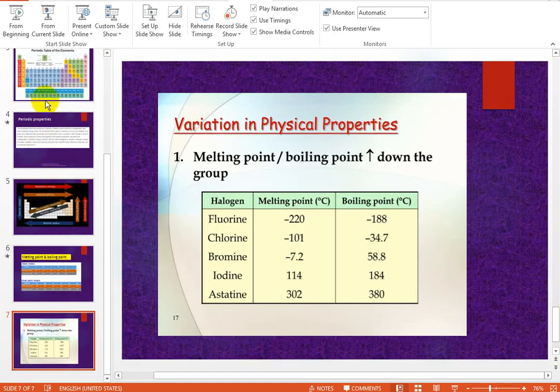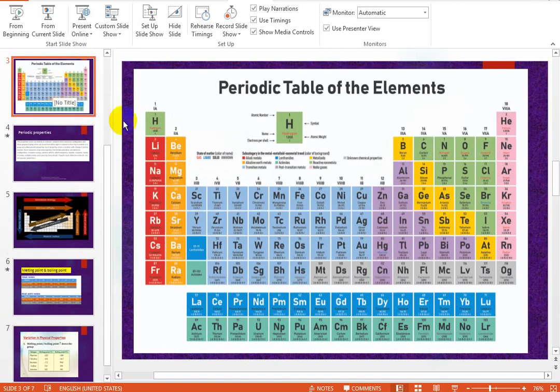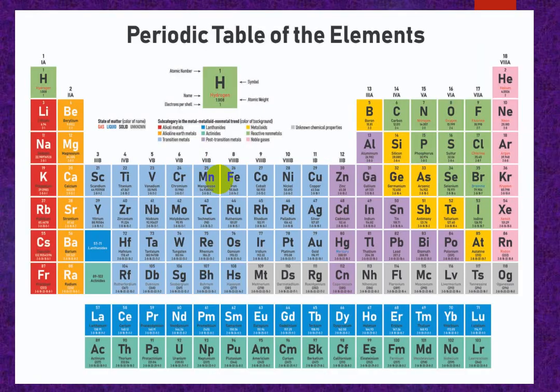What will be the trend for atomic radius in group 1? Say your reasoning, use your intelligence. In a group, what will be the atomic radius?